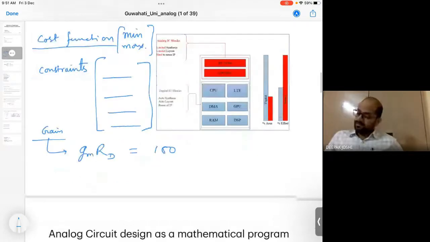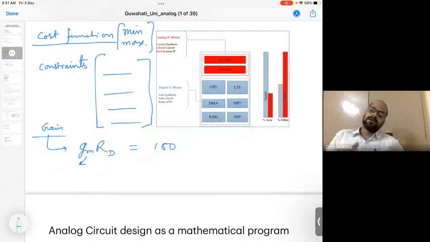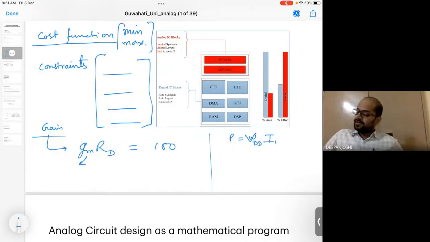You represent this gm using the square law in terms of W by L, and then you have the power required, VDD times ID. From there, the power dissipation might be given, let us say 50 microwatt. I'm just taking typical numbers, which may not be realizable, just for the example.